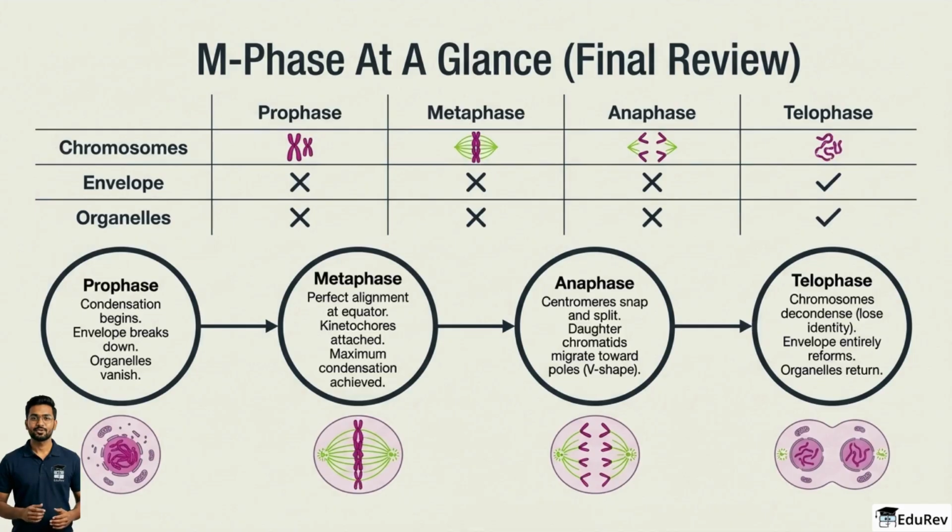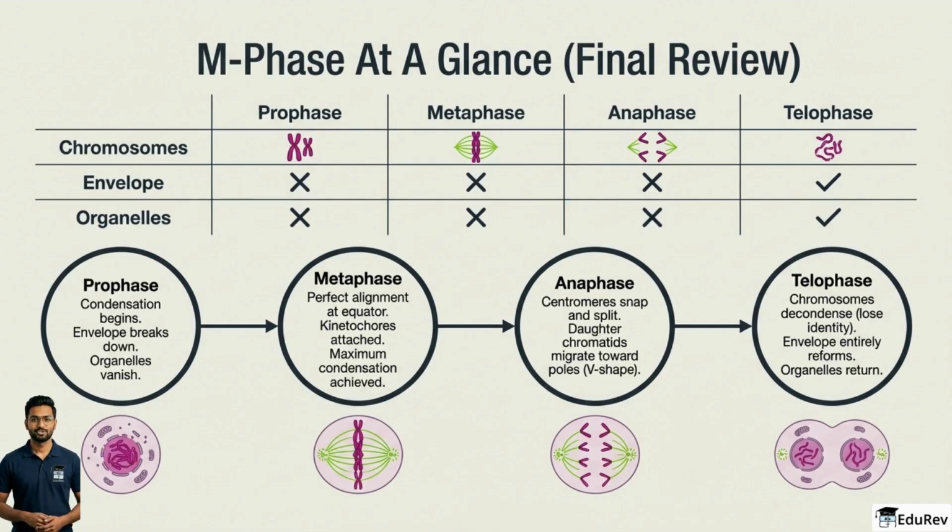The final review compresses the whole M phase into one visual map. Prophase begins condensation, breaks the envelope, and removes organelles from the visible nuclear organization. Metaphase gives perfect equatorial alignment, complete kinetochore attachment, and maximum condensation.